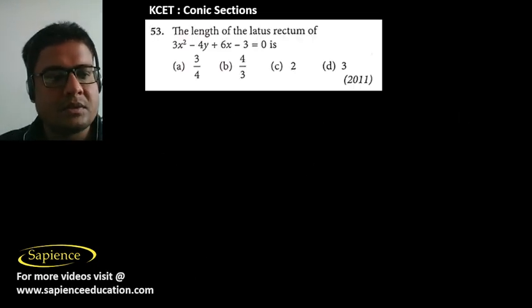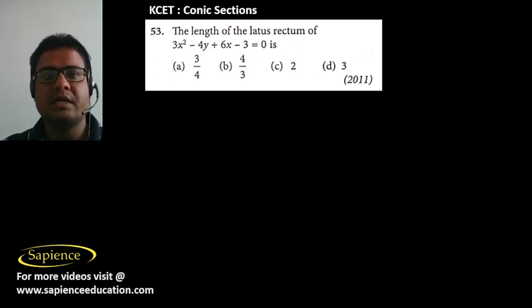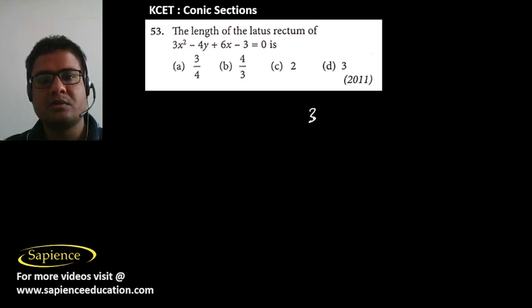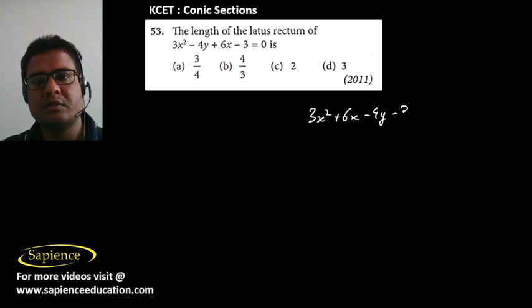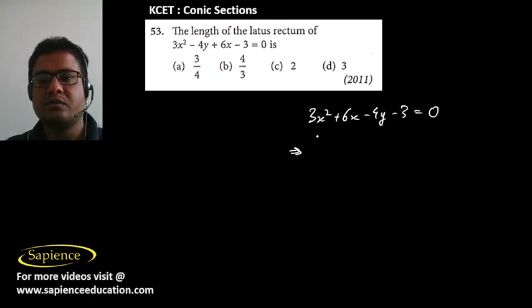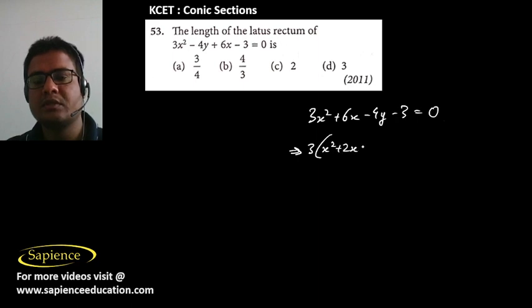Okay. Then it is told the length of the latus rectum of this parabola. So this is 3x square plus 6x minus 4y minus 3, that is equal to 0. So therefore we can say this is 3 into x square plus 2x plus 1, but plus 3 is not there, so I can subtract 3.